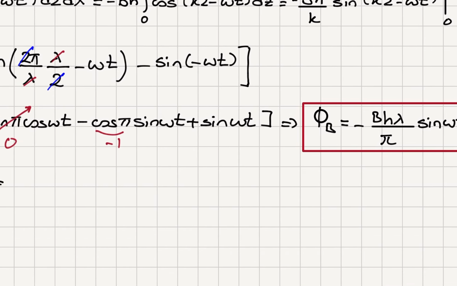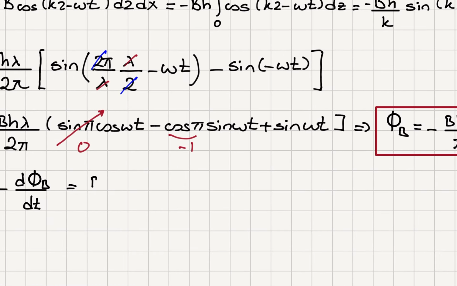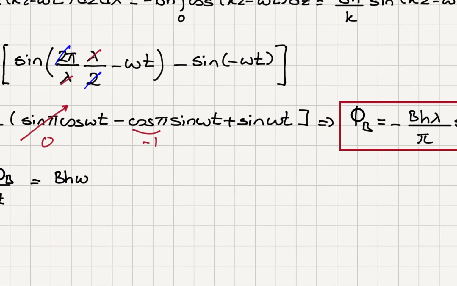BH omega over BH omega lambda over pi cosine omega t.